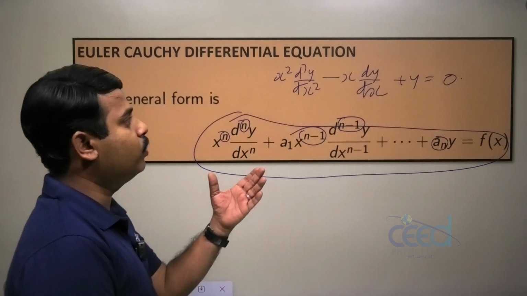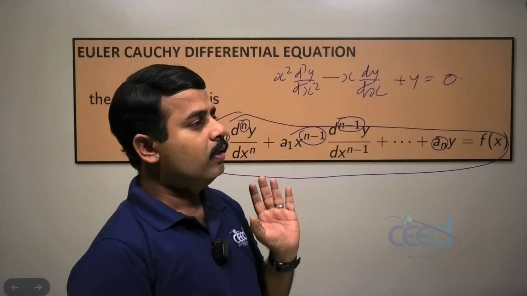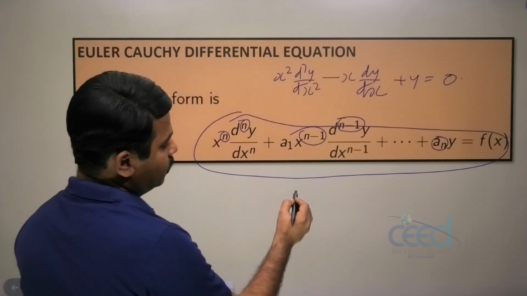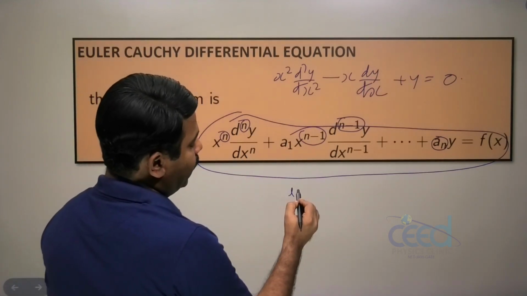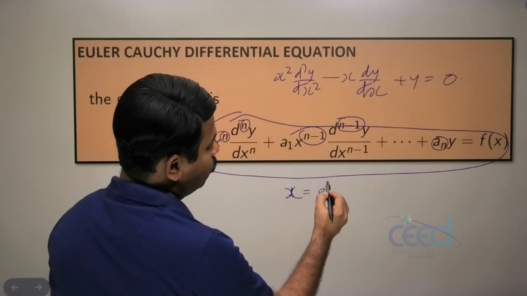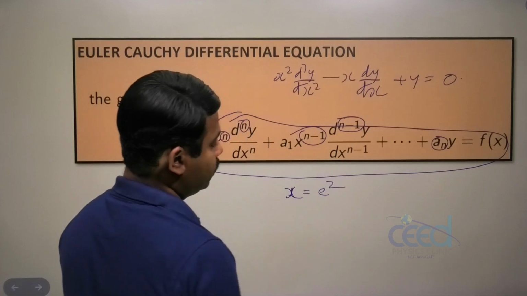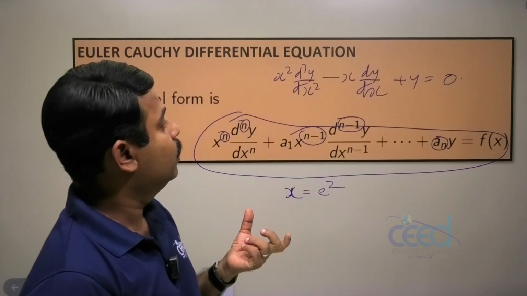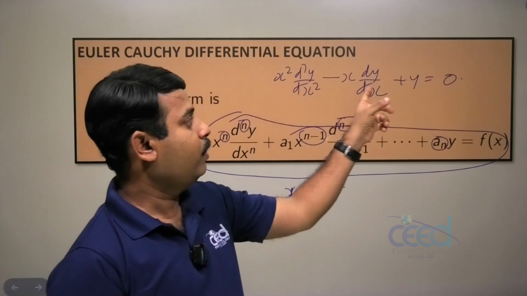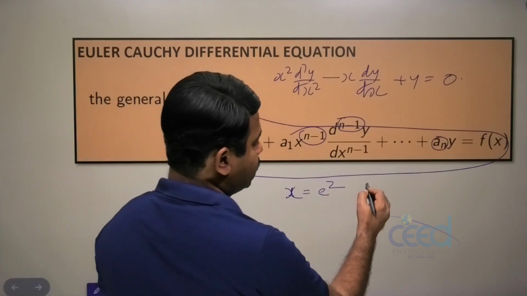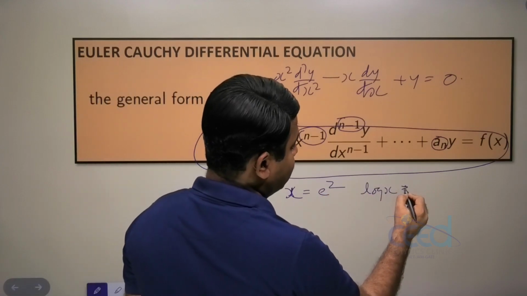When you get an equation like this, the trick is you immediately substitute x is equal to e raised to z. Then log x is equal to z.